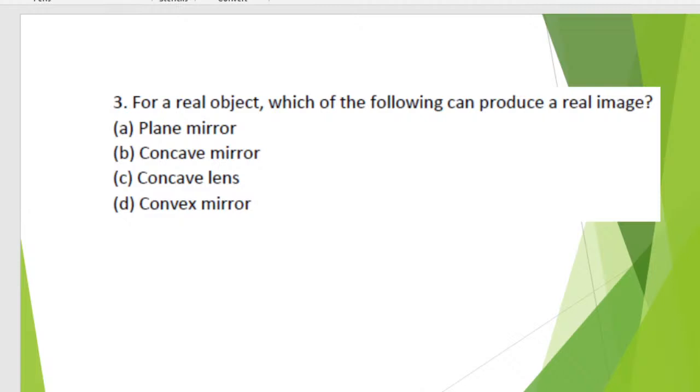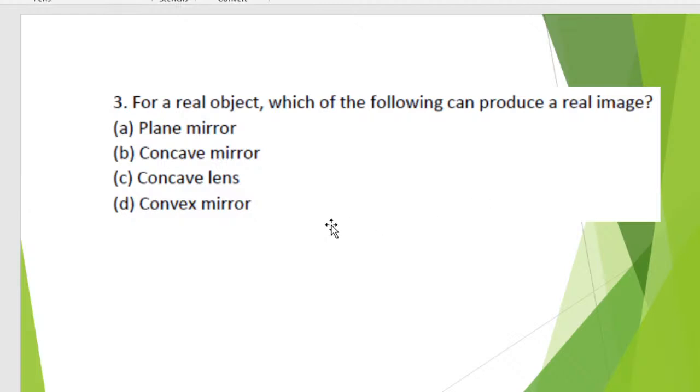Read it properly. For a real object, which of the following can produce a real image? Well, the object is real, the image also should be real. Remember, after refraction, the rays should actually meet. That is the important point.